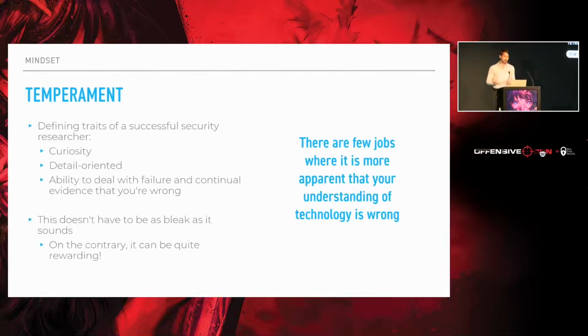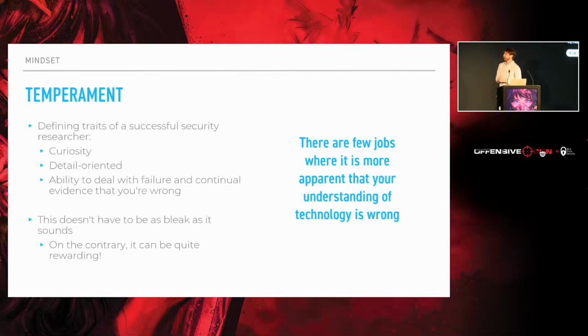First of all, if we think about temperament, it's no surprise that vulnerability researchers have a curious nature and are very detail-oriented. But one of the more important things to take into account is that when you're doing vulnerability research, you're constantly digging into code that is evidence to you that you don't really understand a lot of the technology that you think you do, or you don't understand it quite as well as you think you do.